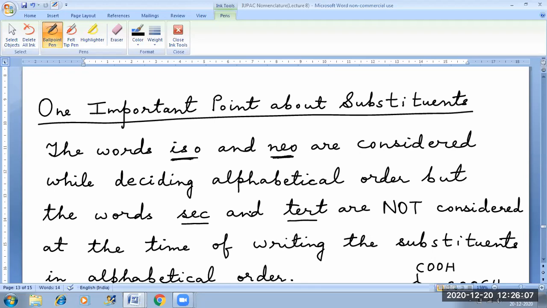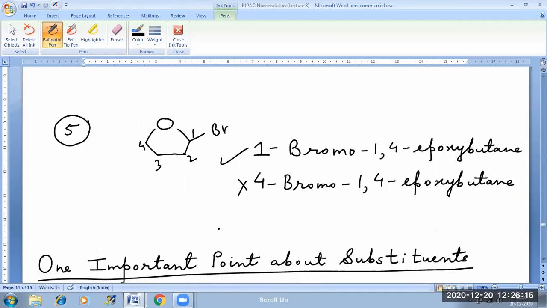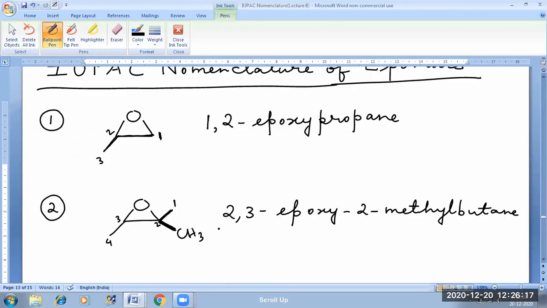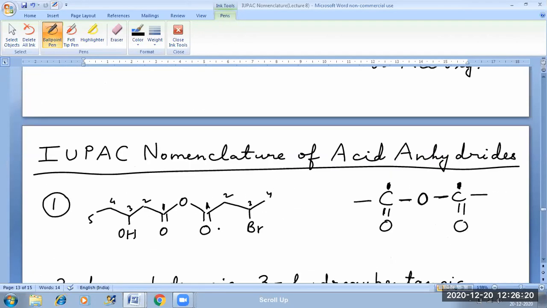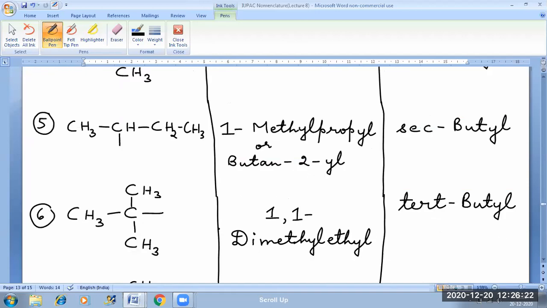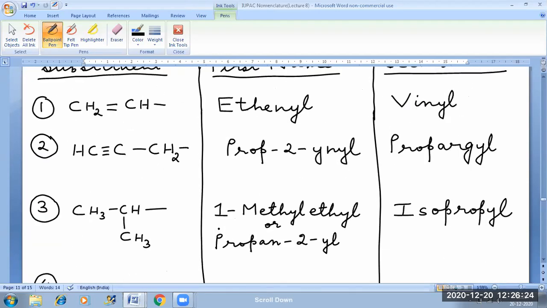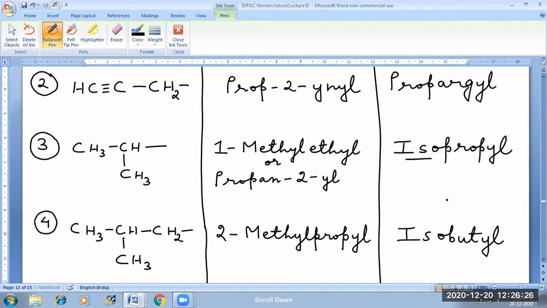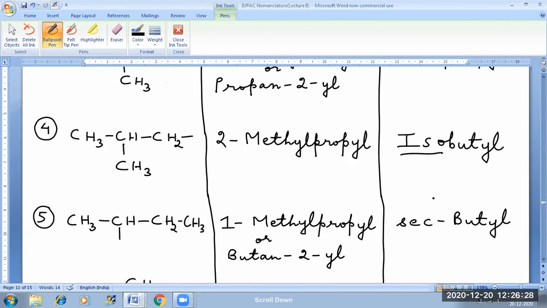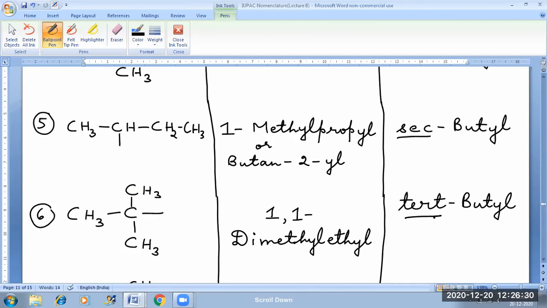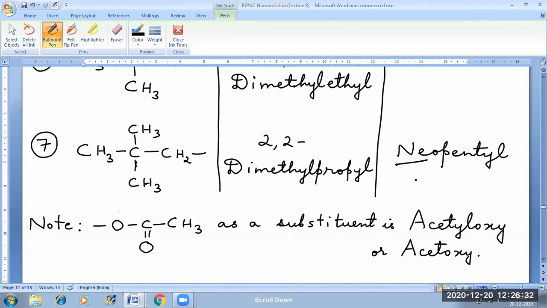But the words sec and tert are not considered at the time of writing alphabetical order. What does that mean? That means that when I'm writing the final name of a compound containing substituents, if you look at this table, you have iso, sec, tert, and neo.